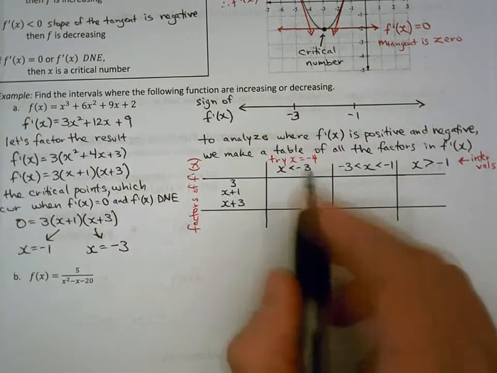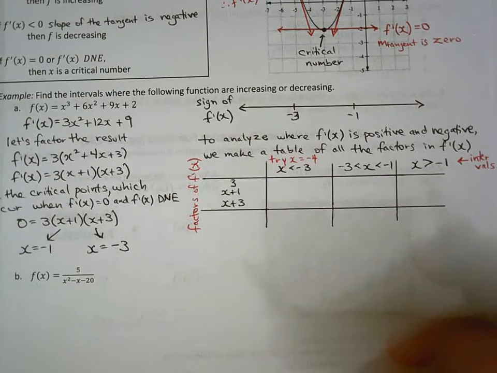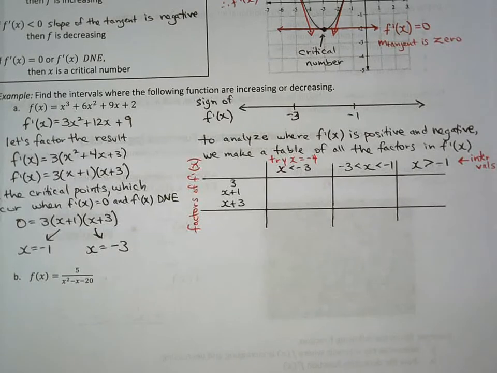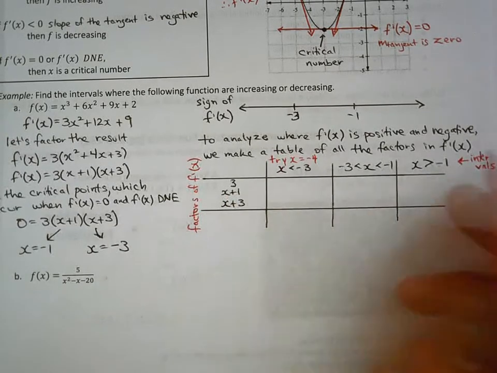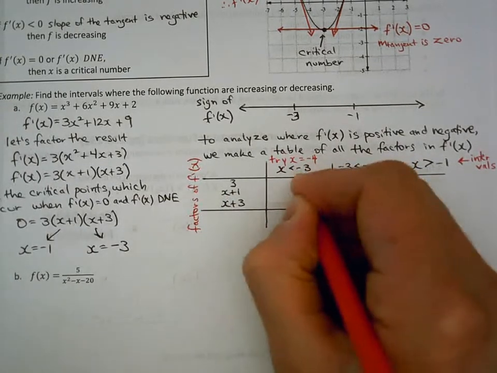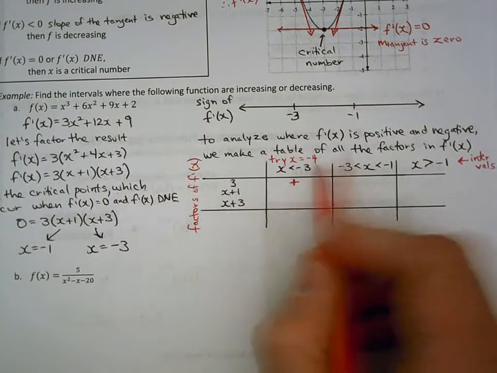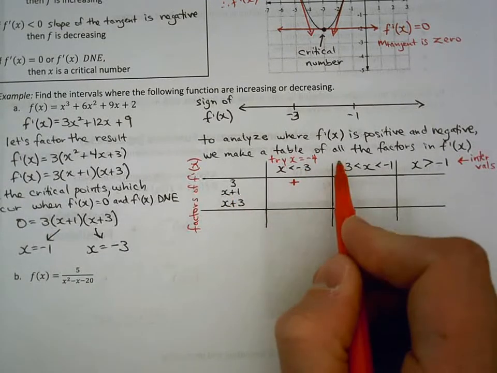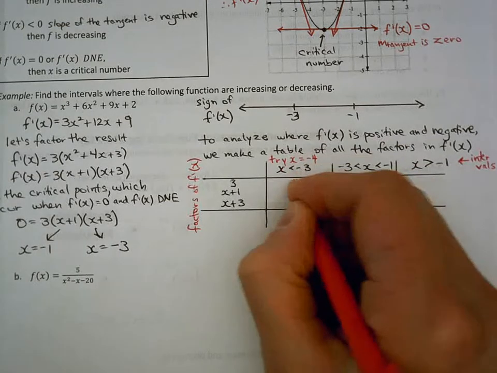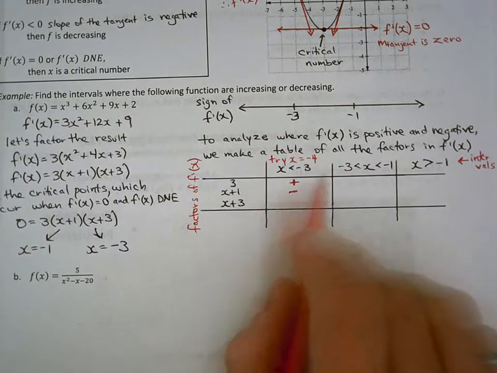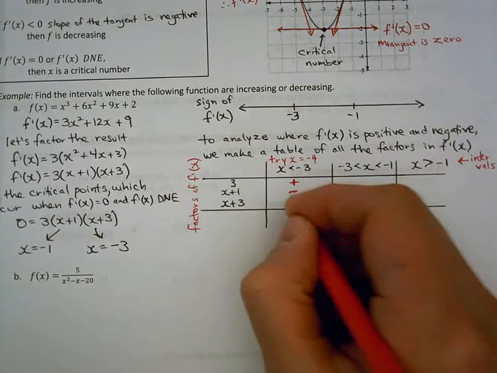So now we think through, for these 3 factors, what happens when x is -4? Well, the 3 is positive. Nothing happens. What about x plus 1? Well, -4 plus 1 is -3, so it's negative. What about -4 plus 3? Still negative.